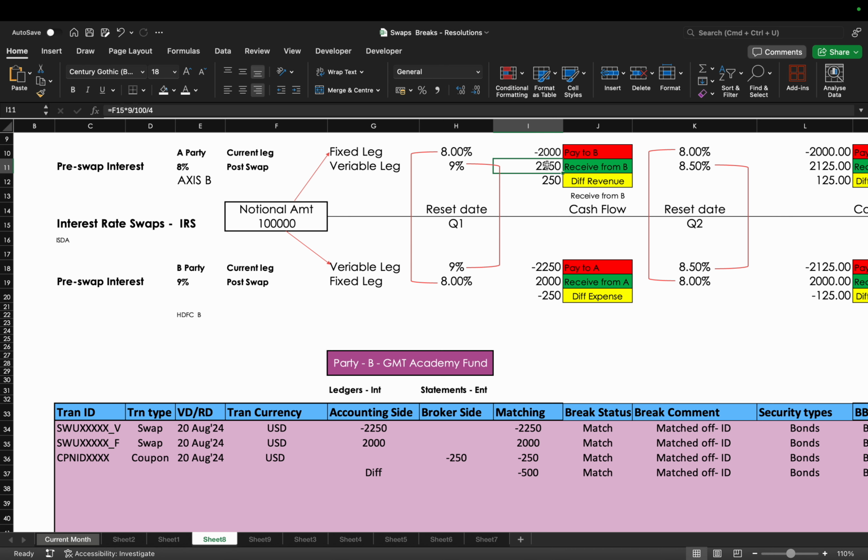Let me see, this should not be minus, I would say.